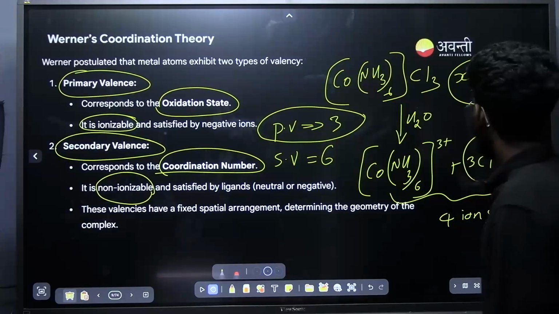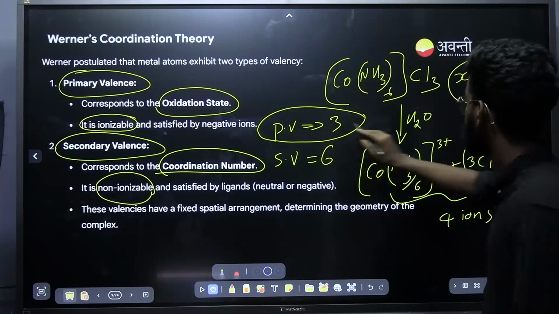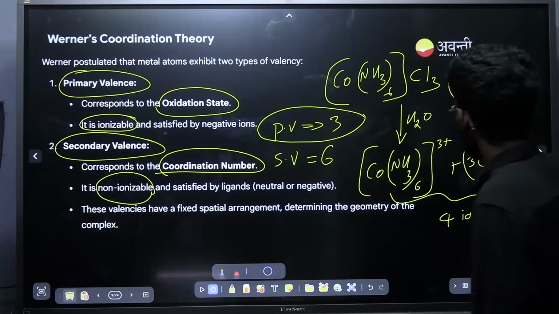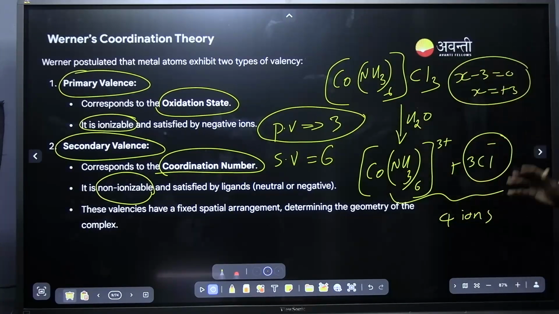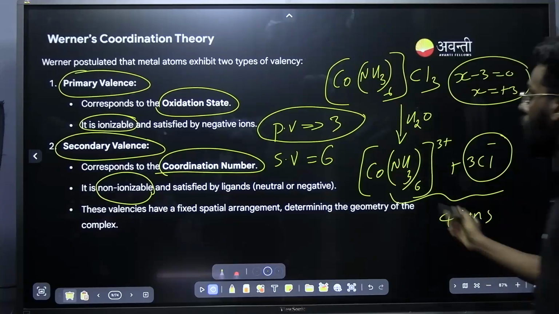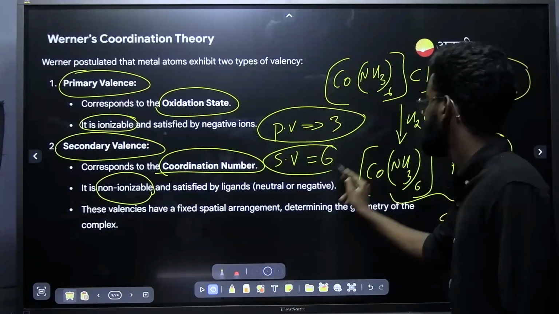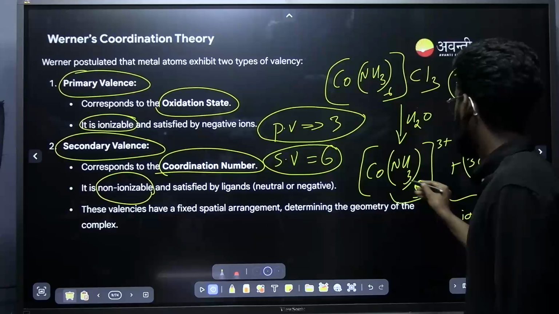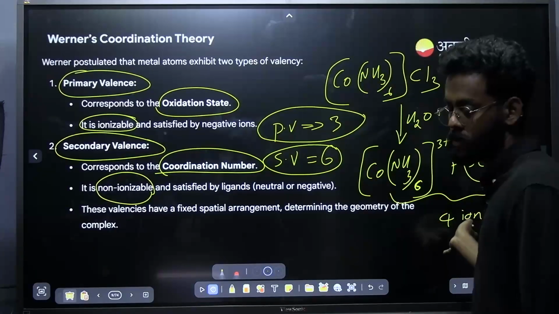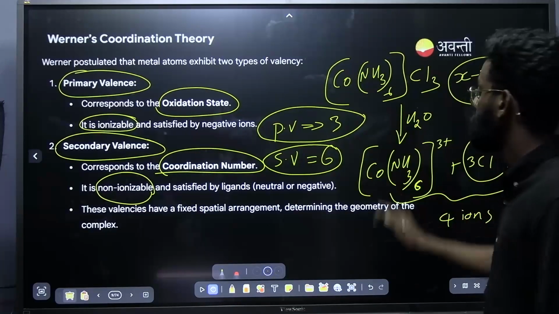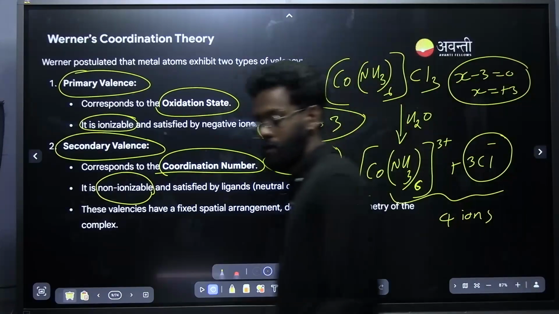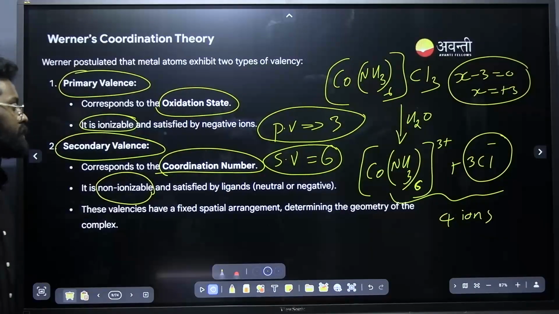The primary valency 3 is satisfied by chlorine, and they are ionized in water, so we call it ionizable valency. The secondary valency, that is the coordination number, is not ionizable. They haven't split into ions, so they are non-ionizable. Okay, this is the understanding of primary valency and secondary valency.